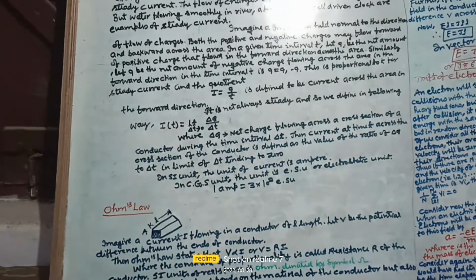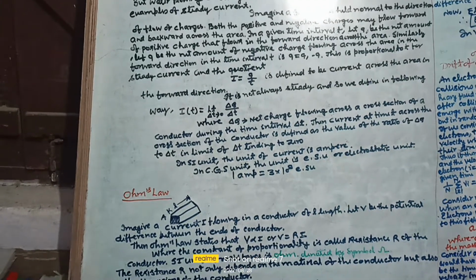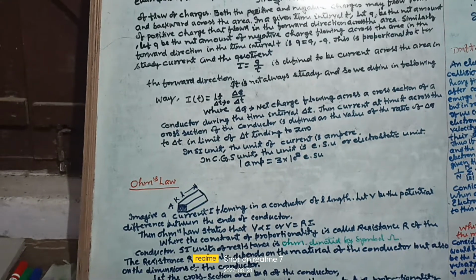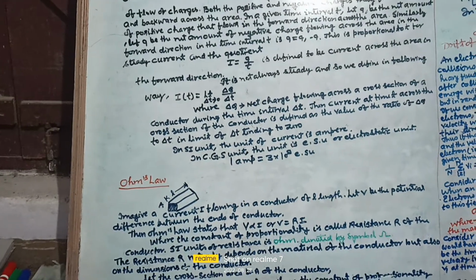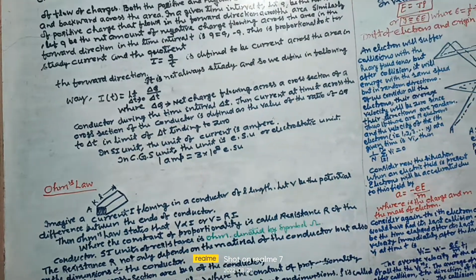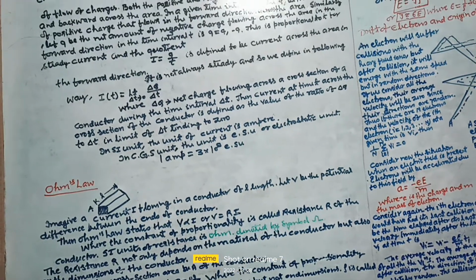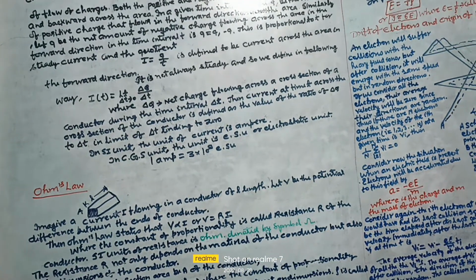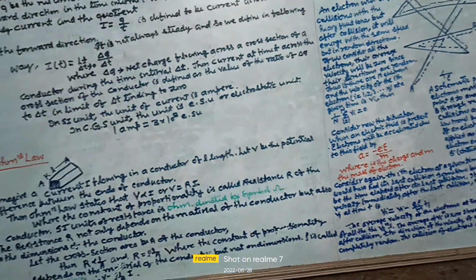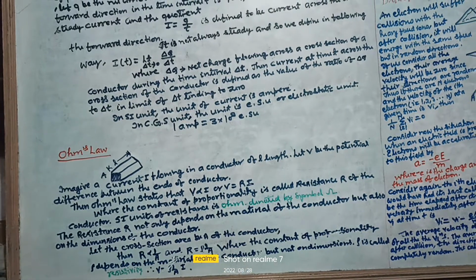Now Ohm's law. As shown in the figure, a conductor has cross-sectional area A and length L. Imagine current flowing in a conductor of length L. Let V be the potential difference between the ends of the conductor.